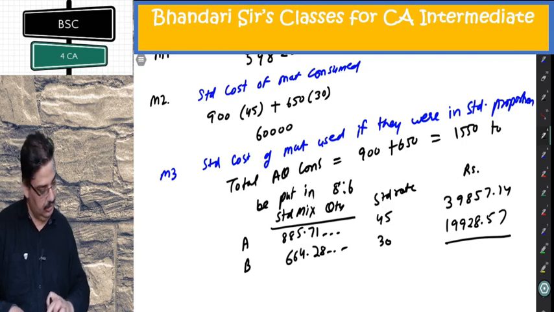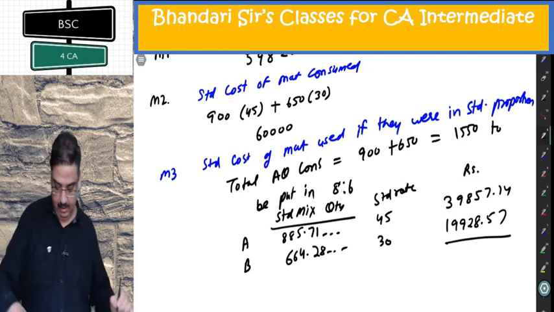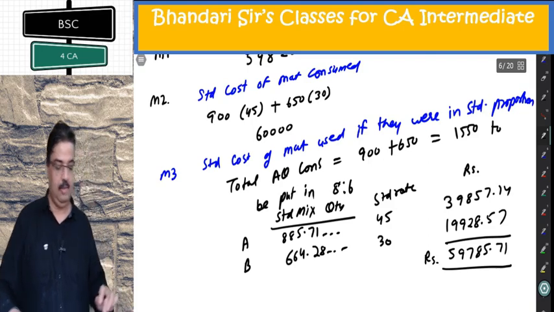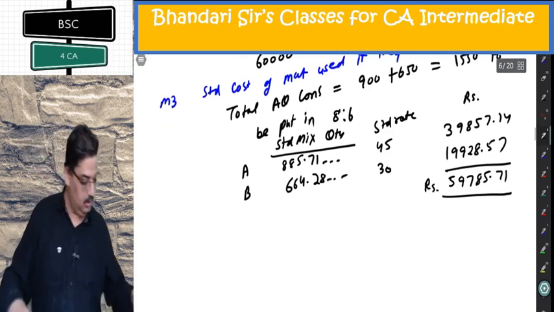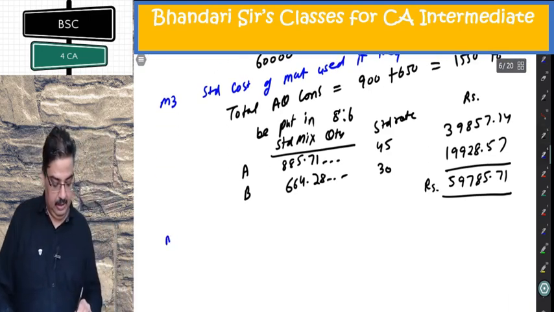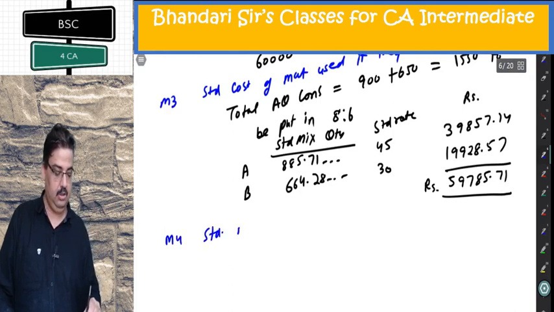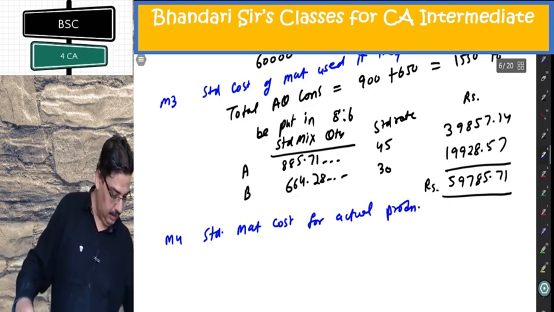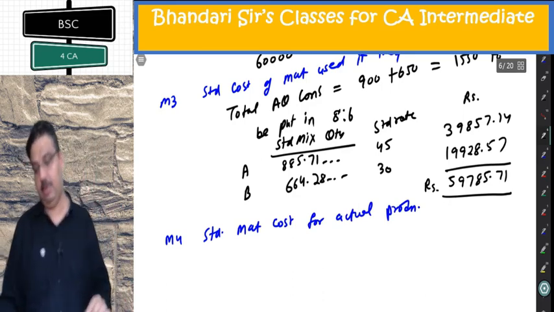Add in this 39857.14. I am getting 59,785.71. This is M3. Last step in material. Standard material cost for actual production.